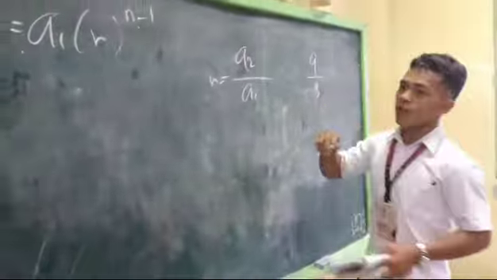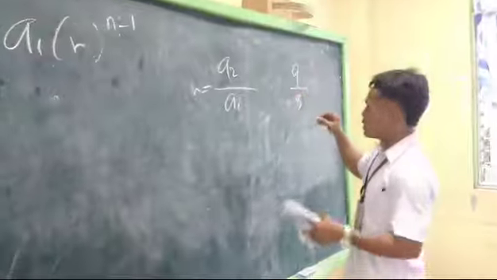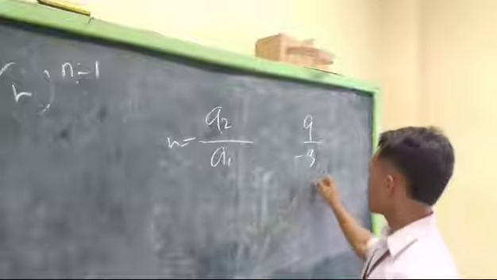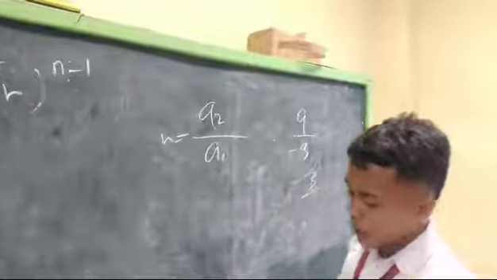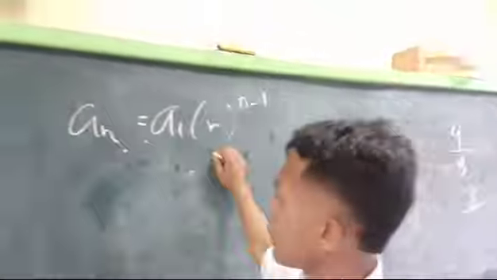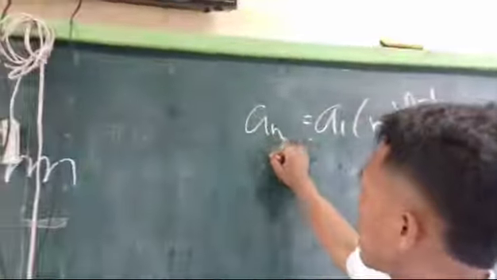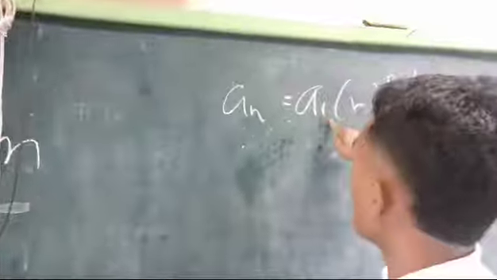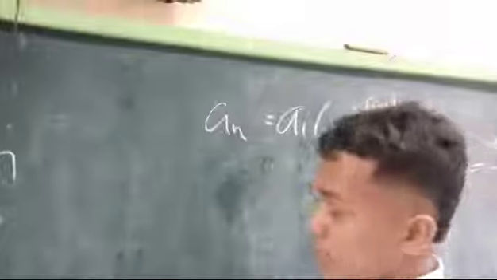When you find a sub 2 and a sub 1, simplify, divide. The answer is negative 3. So now you can find your common ratio, and you can start using a sub n equals a sub 1 times the common ratio to the n minus 1.